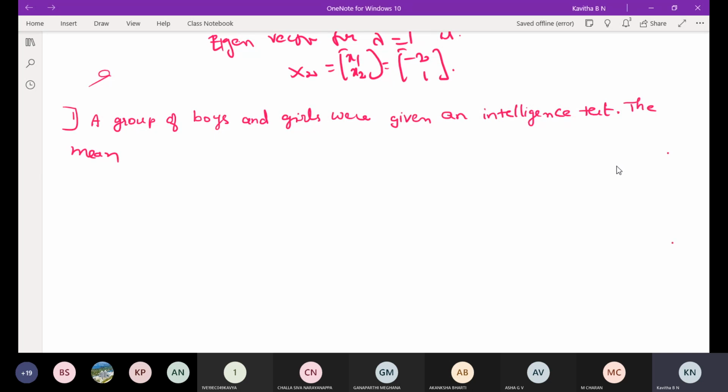Okay, a group of boys and girls were given an intelligence test. The mean score, standard deviation score, and numbers in each group are as follows.